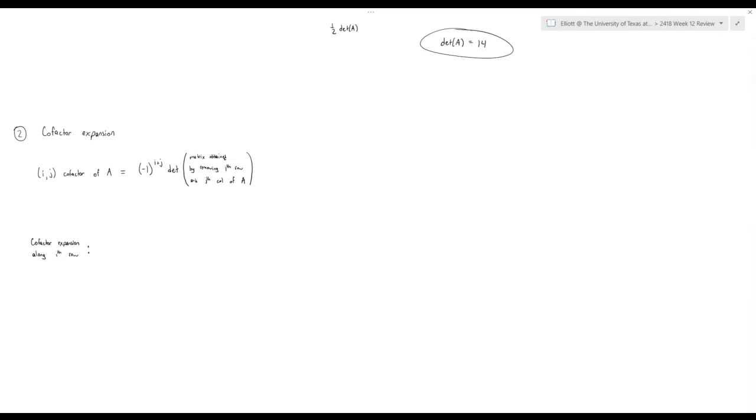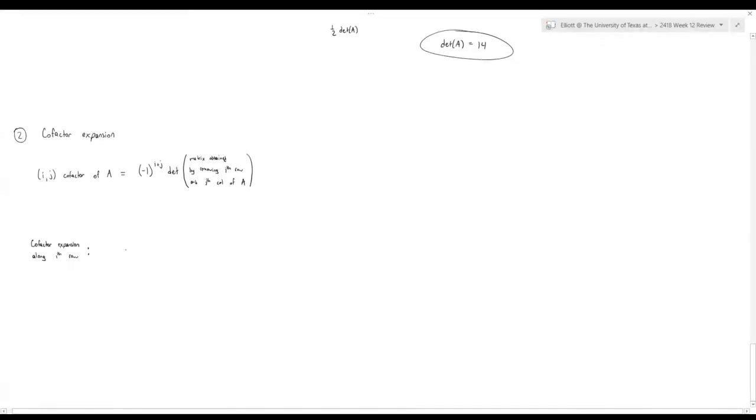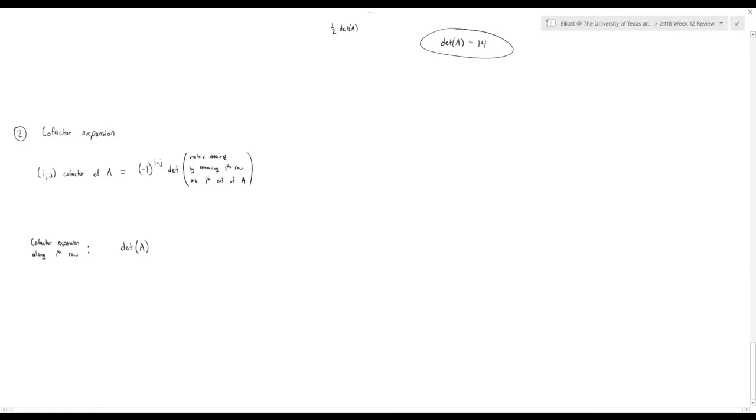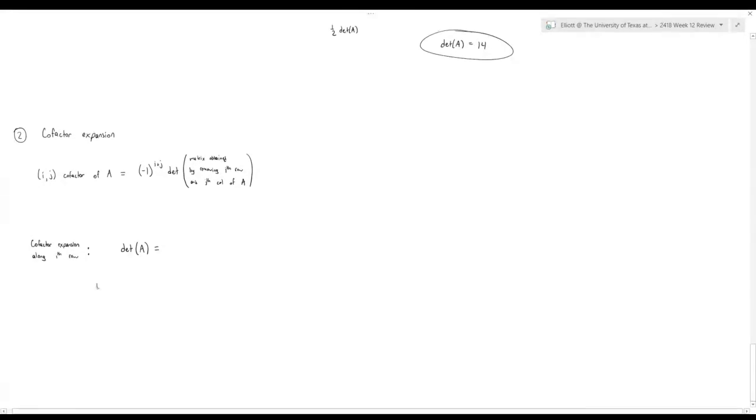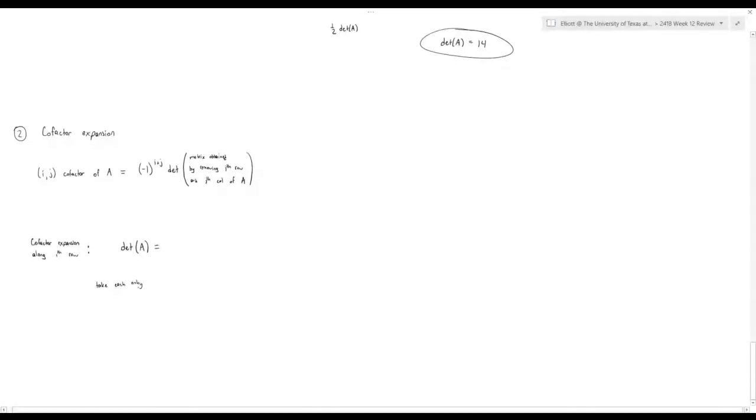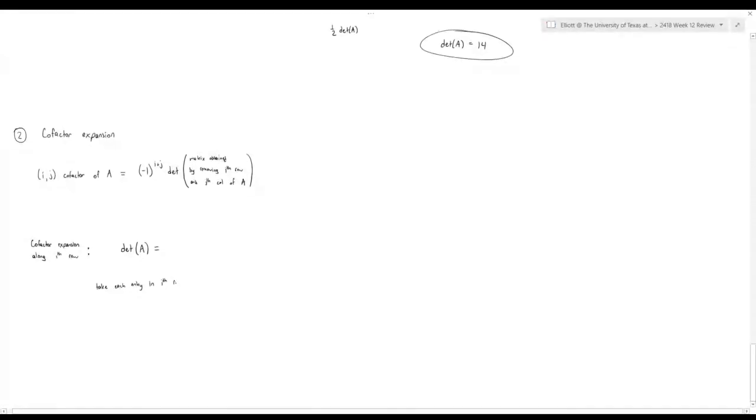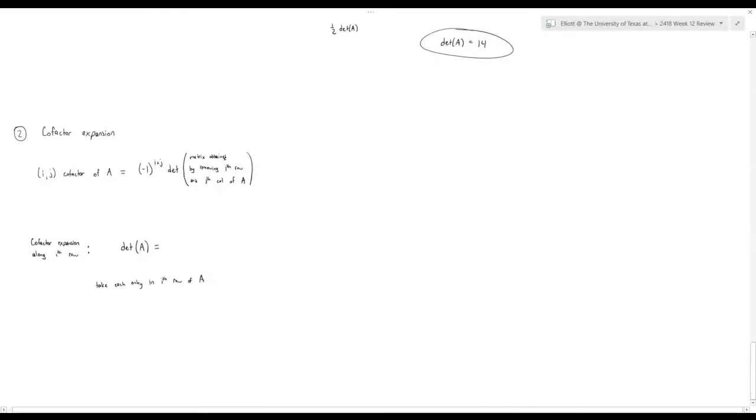So if you do cofactor expansion along the ith row, basically this method computes the determinant of A by taking each of the entries in the ith row of A, and then you multiply each one by its corresponding cofactor.